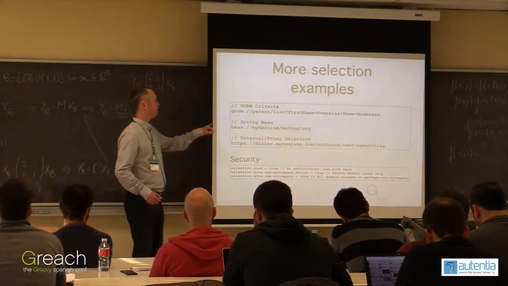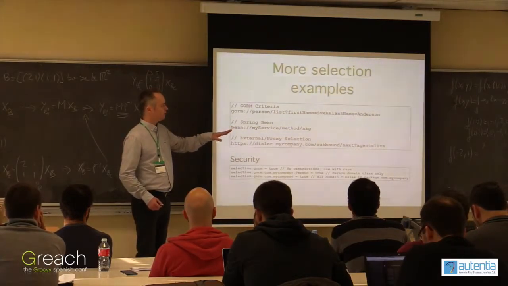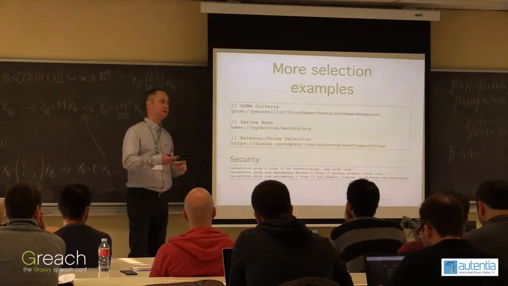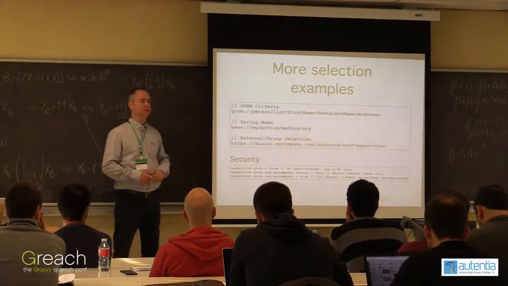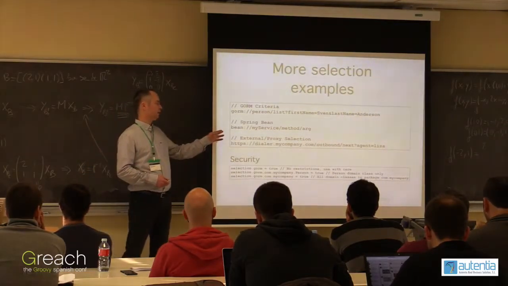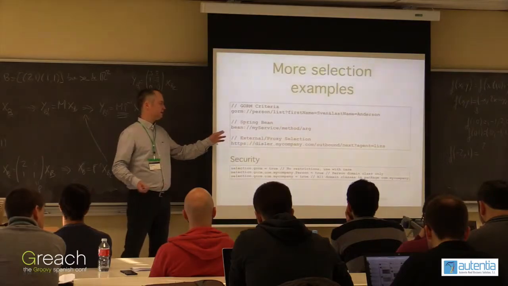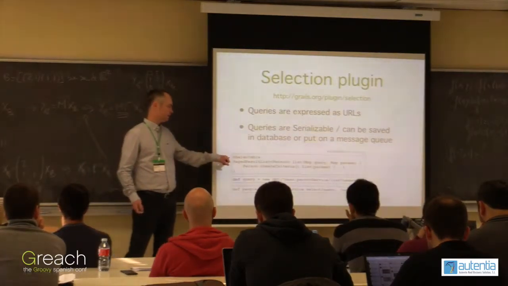So you can have a GORM query, person / list, first name, last name. That would be a GORM query for the person domain class. You can call any service that you have annotated with selectable.